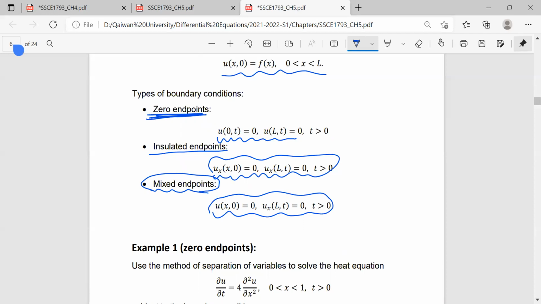But if we have u sub x of 0 and t and u sub x of l and t, both are derivatives with respect to x, this is called insulated endpoints. And if we have both u of 0 and t and u sub x of l and t, we say it is mixed endpoints.